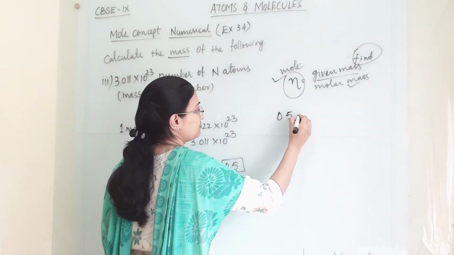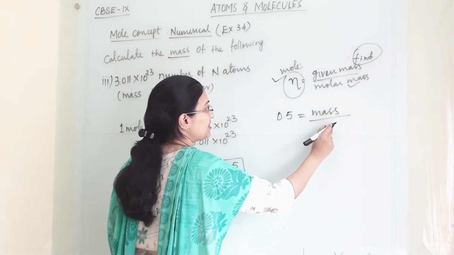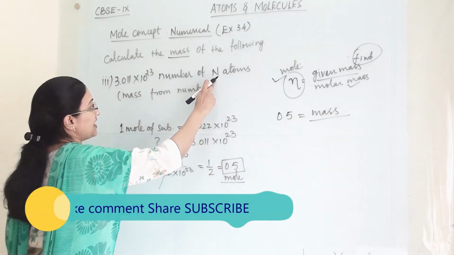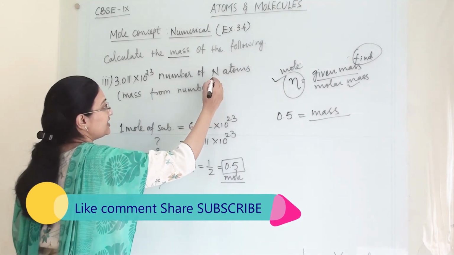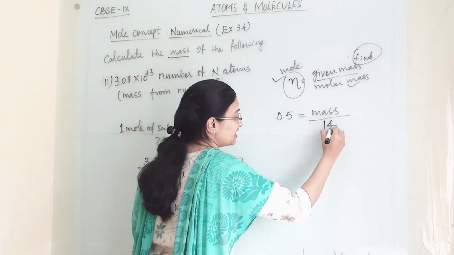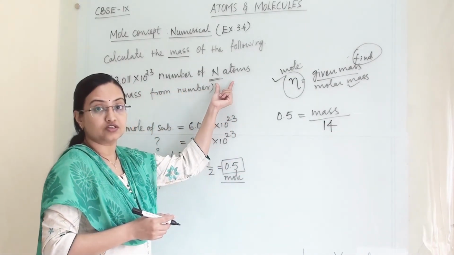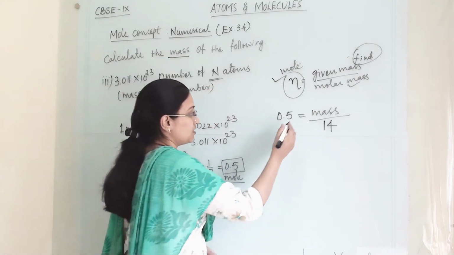0.5 mole we got. So from this 0.5 mole we can find out our mass. So 0.5 equals mass, what we need to find, divided by molar mass. Now n atoms are there. Only nitrogen is there. So we need to take here 14 because it is only nitrogen and not a nitrogen molecule.